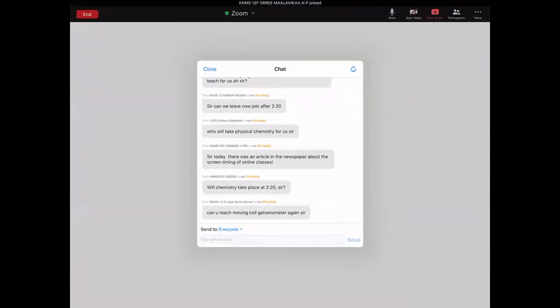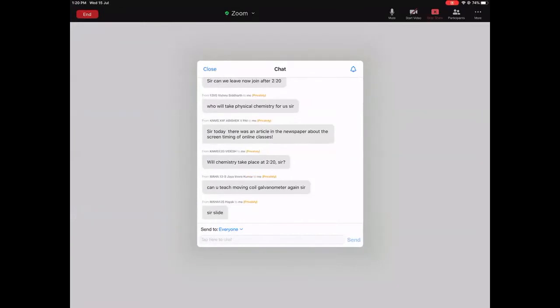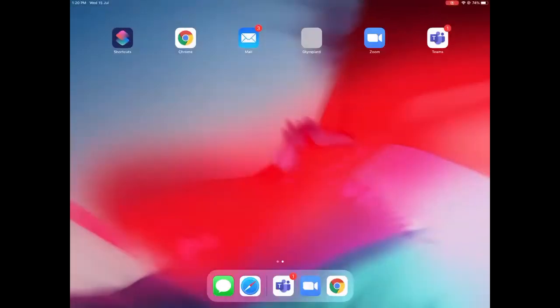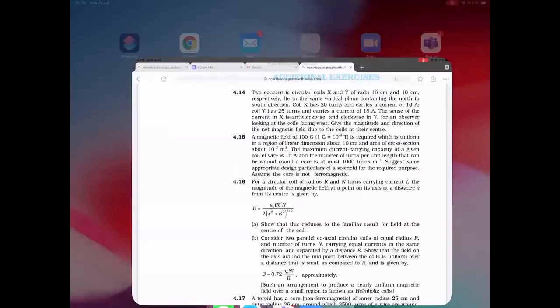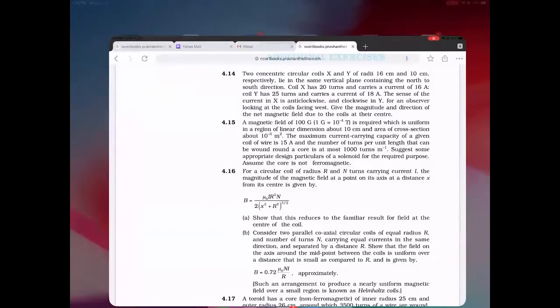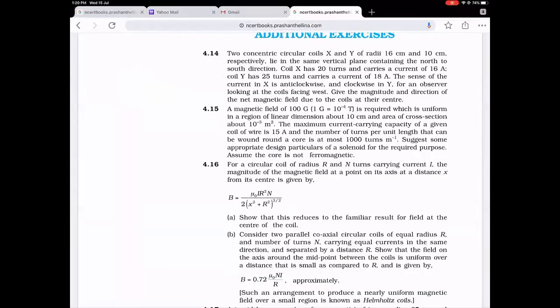Moving coil galvanometer. I have put a video also. Watch the video. Two concentric circular coils X and Y have radius 16 centimeters and 10 centimeters, and lie in the same vertical plane containing the north to south direction.